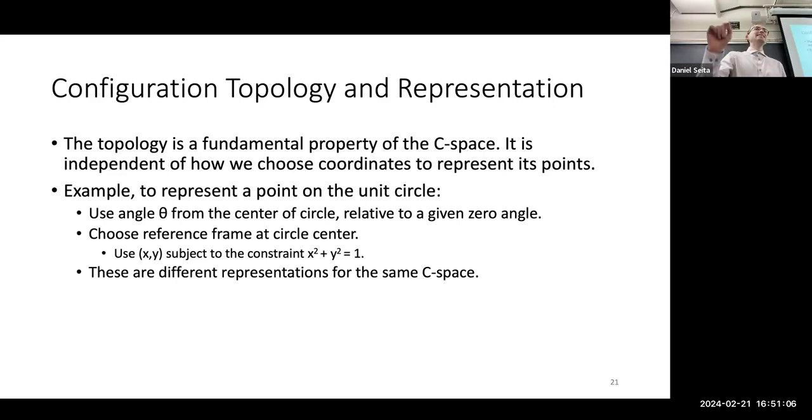You could also choose a different representation using two numbers subject to the constraint of x squared plus y squared equals 1. So you have the same configuration space, but you have different representations for how we indicate a given item in the configuration space. Right? So hopefully this is clear because I think this idea is very fundamental. So it'll come up again next week when we talk about representation for rotation, for example.